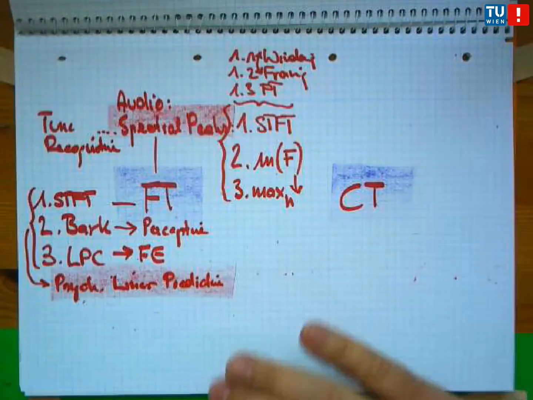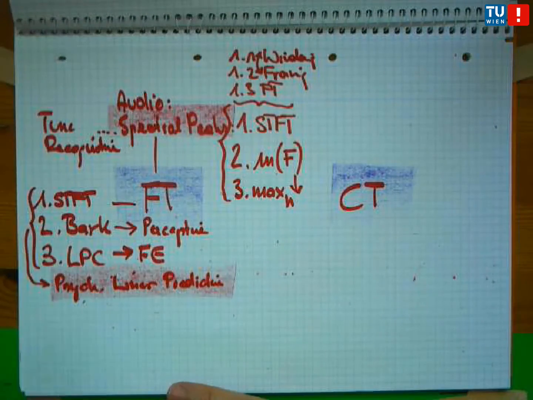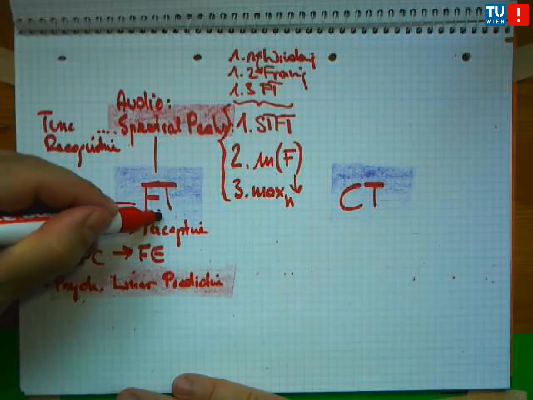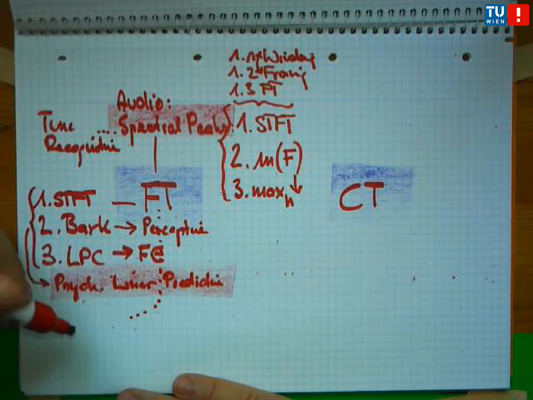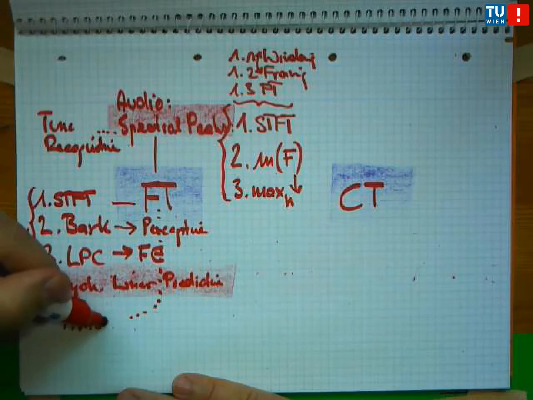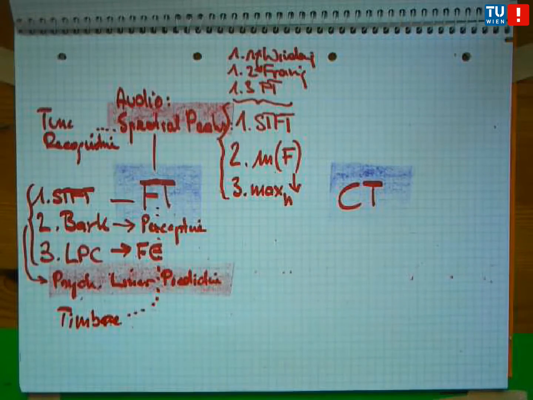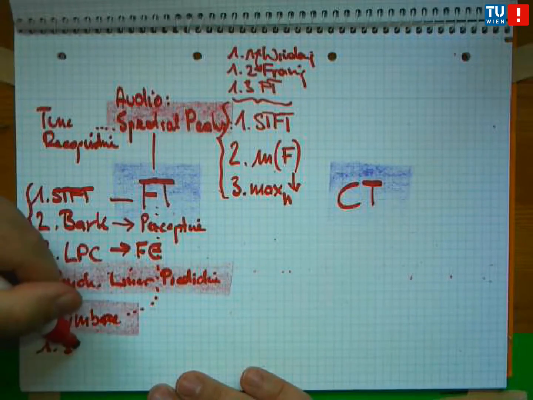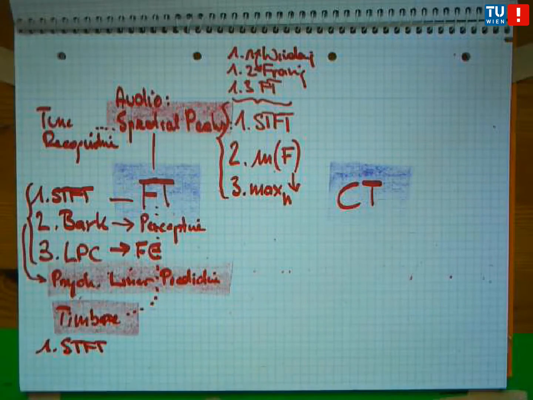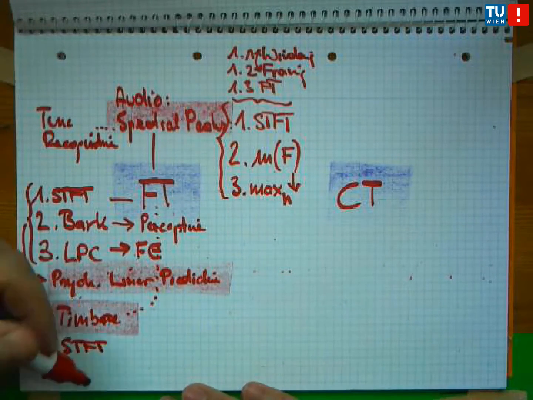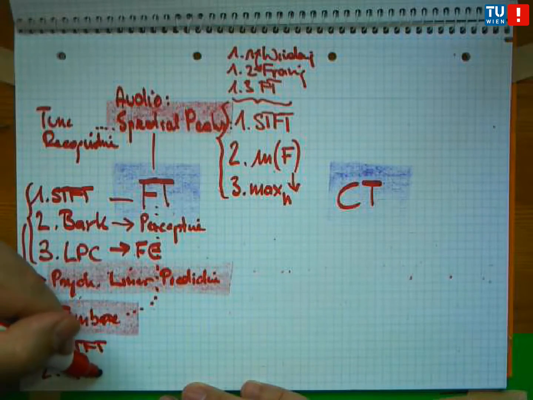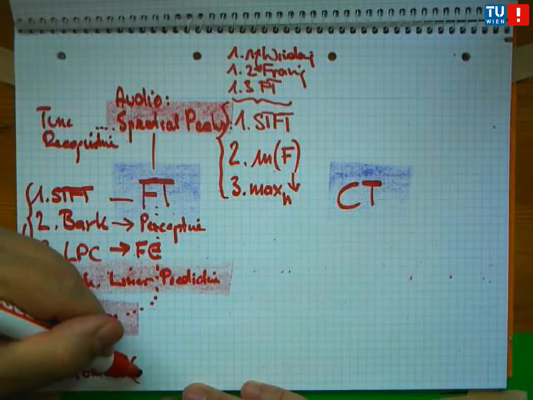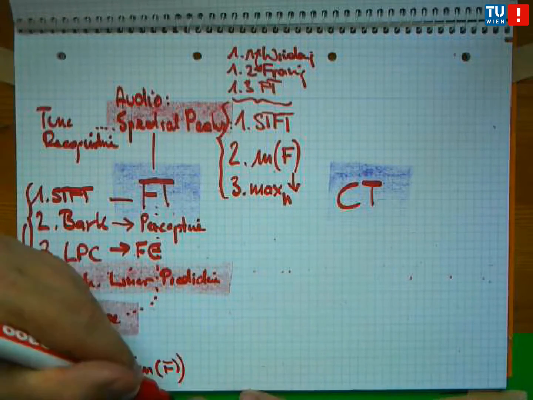Okay. A third thing that you want to deal with is timbre recognition, and that is done by simply computing the Fourier transformation and then computing moments of the spectrum or the magnitude of the spectrum.